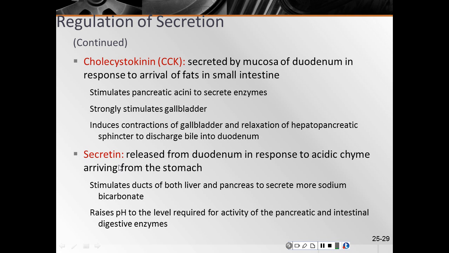So the secretin is there to stimulate the ducts of the liver and the pancreas so they can secrete bicarbonate, so that it can offset the hydrochloric acid and make sure that the inside of the intestinal mucosa is protected from the stomach acid.